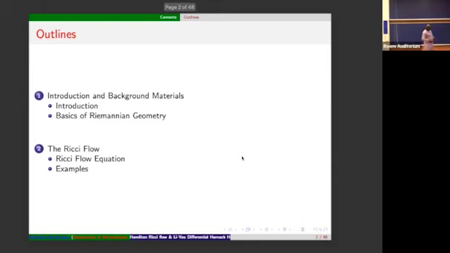Okay. So in this course, as I said, I will give some background to the course. Of course, for us to study Ricci flow, as an equation of Riemannian metric, we need to have some basic information about Riemannian geometry, because we'll be mentioning some of those things.